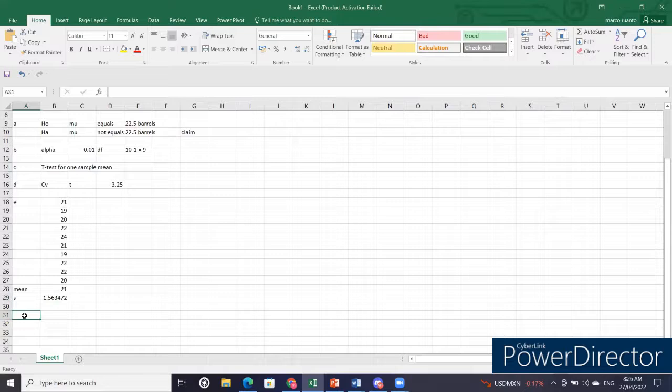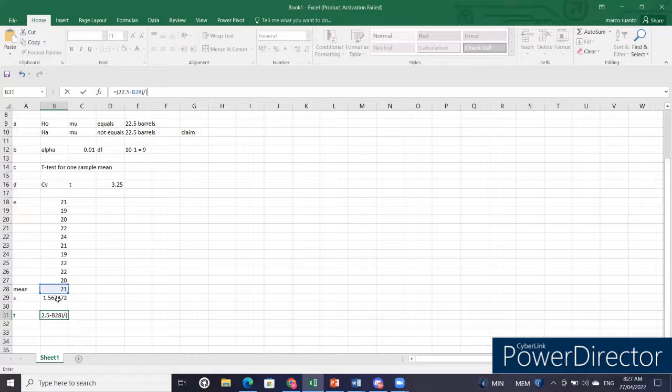Now we will compute our t. Our mu is 22.5, so we have 22.5 minus our mean, divided by the standard deviation, close parenthesis. We just follow the formula.